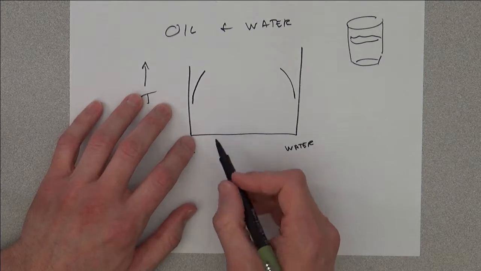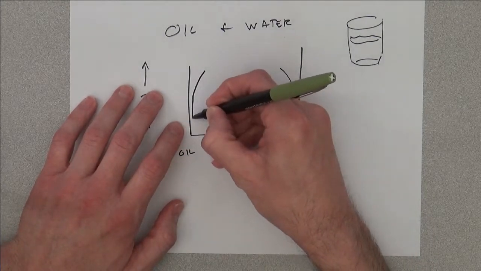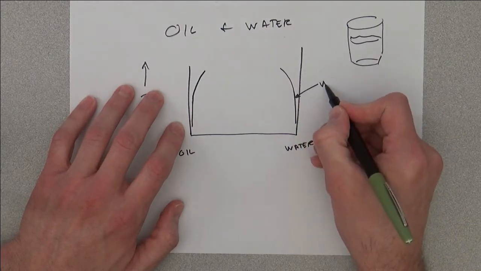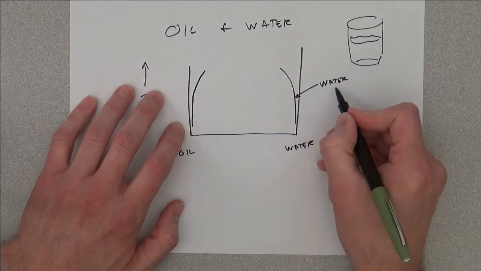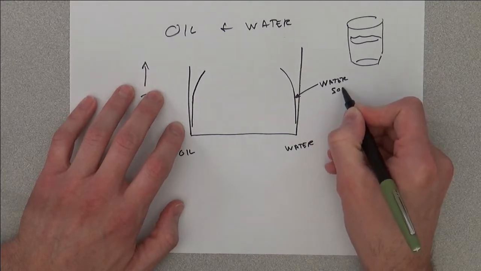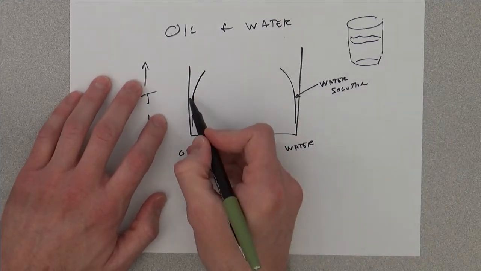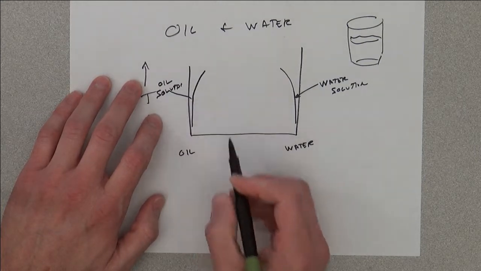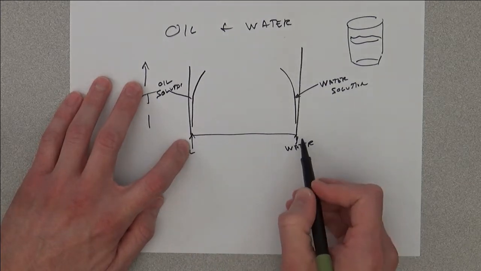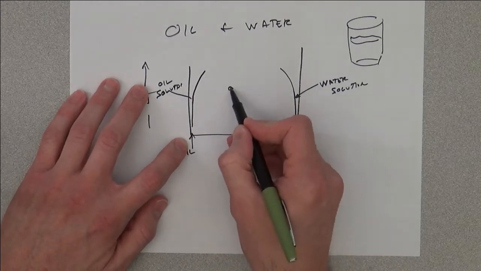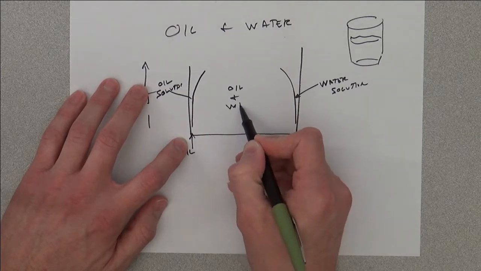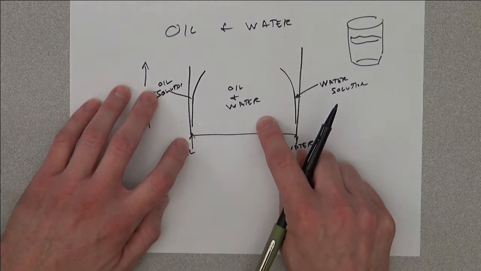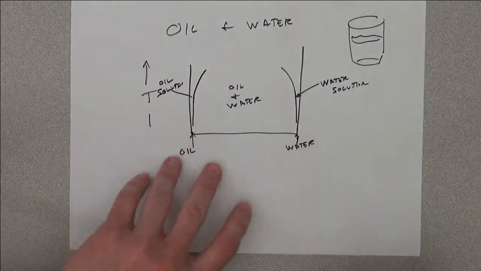So you're going to wind up with a region here of water solution, a region here of oil solution. At both these endpoints, we have pure oil and pure water, and in between, we have a mixture of oil and water, a two-phase solution. So this type of phase diagram is something that you can read from.